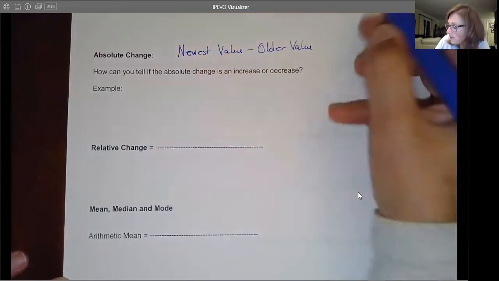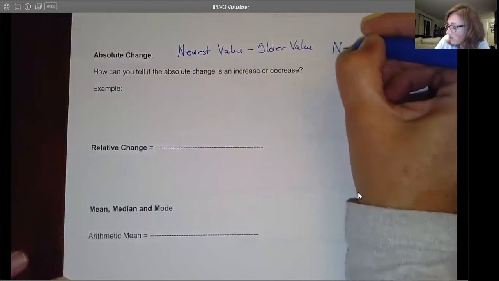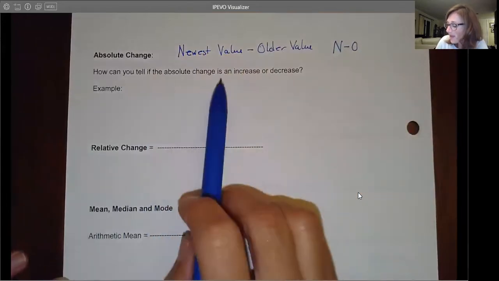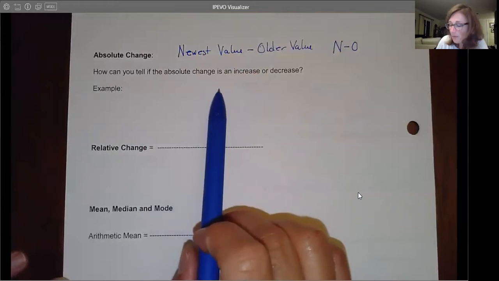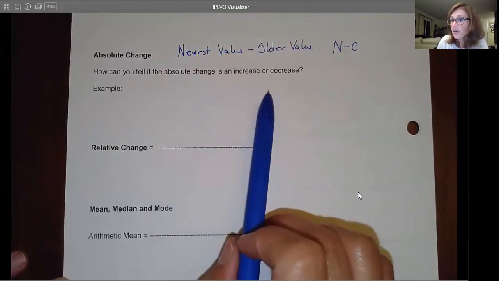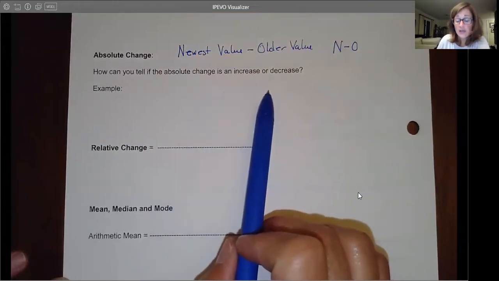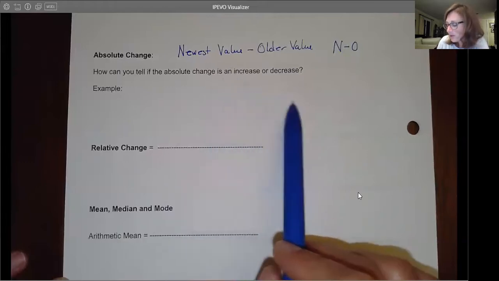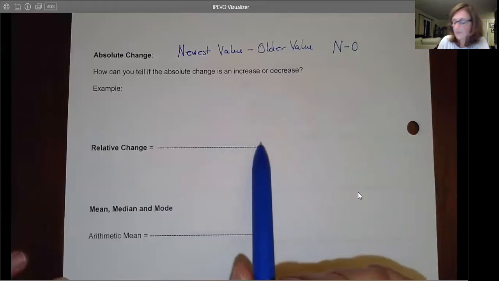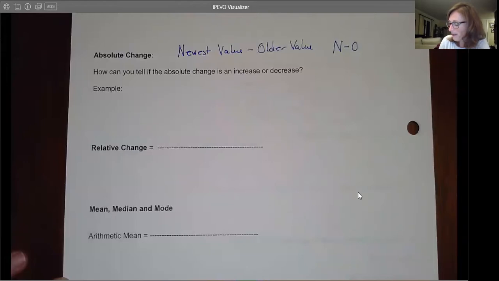New minus old. This is how I think about it. If the absolute change goes from a smaller number to a bigger number, that's a positive. That's an increase. And if it went from a big value down to a little value, then it's a decrease. We're going to look at an example in a minute.